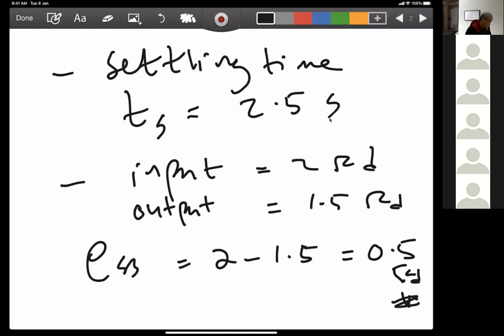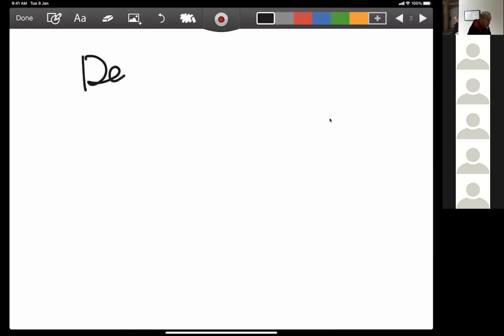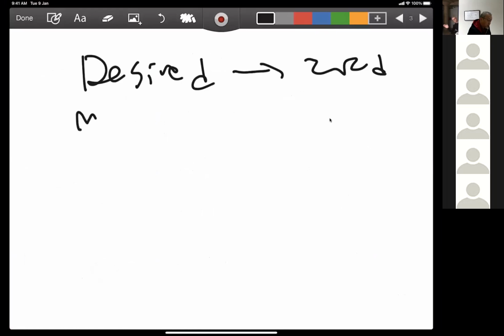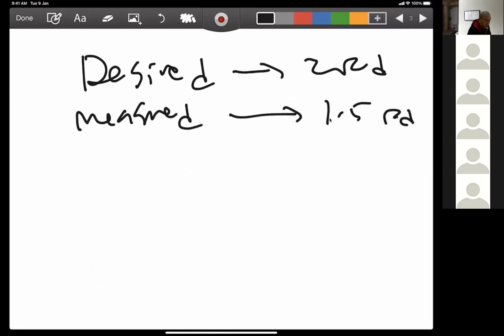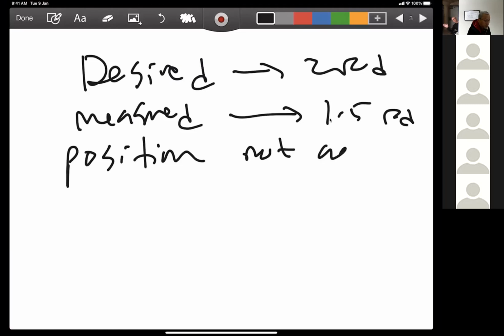So desired 2 radian, and then the measured 1.5. So position not achieved. Okay.